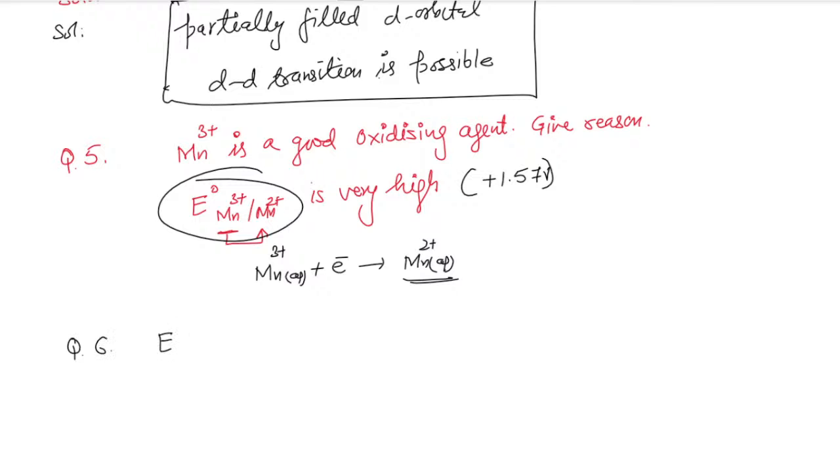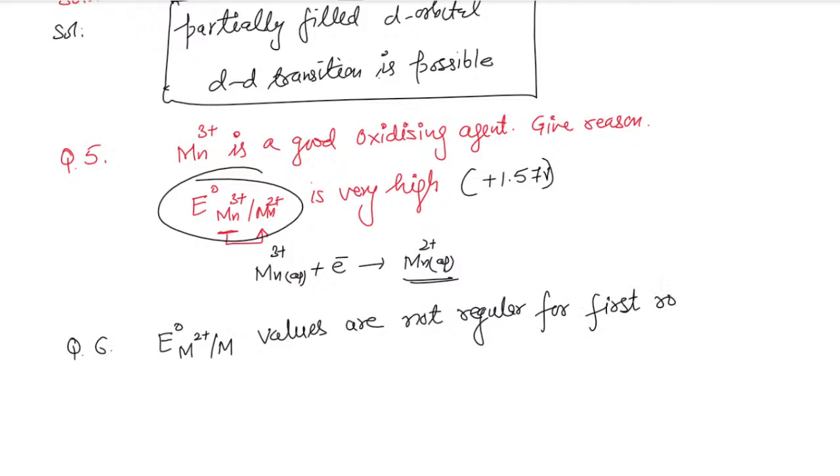E naught of M2+ to M values are not regular for first row transition metals. That is the 3d series.